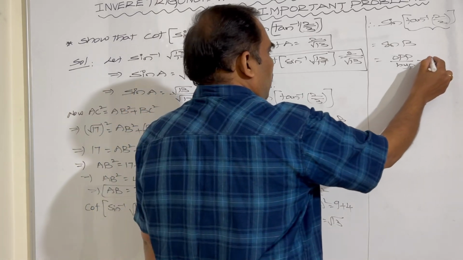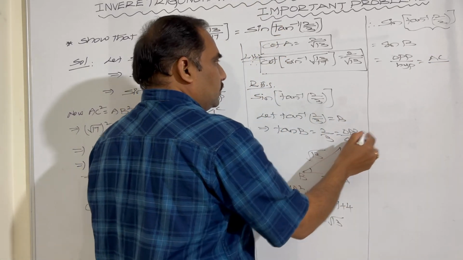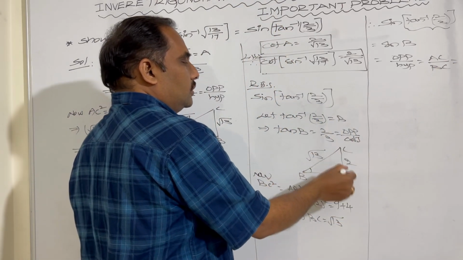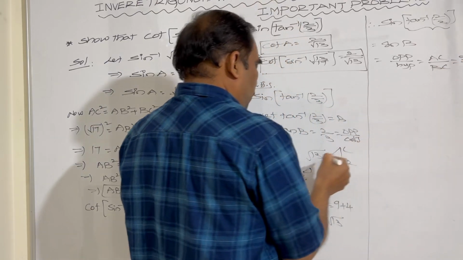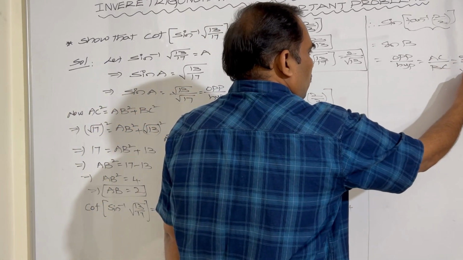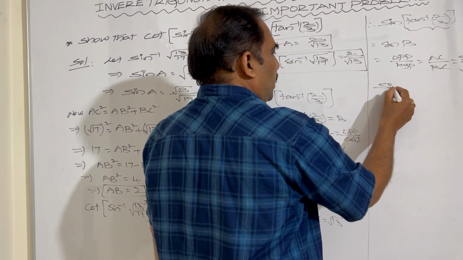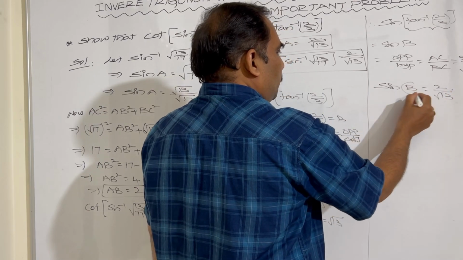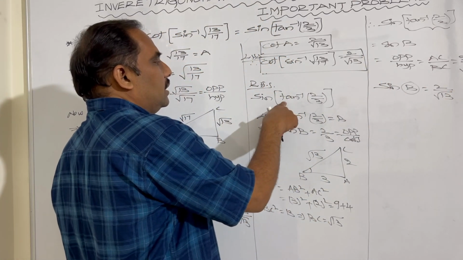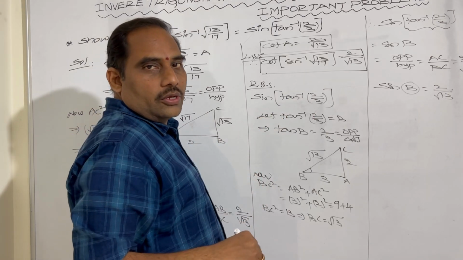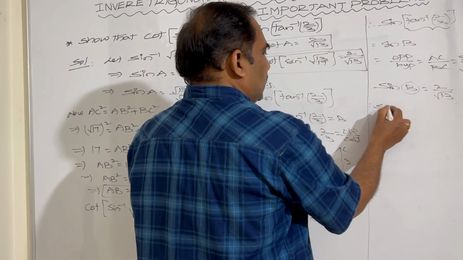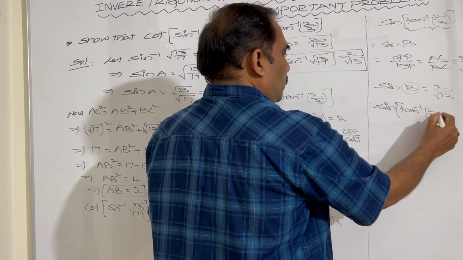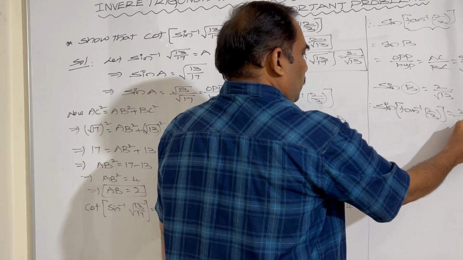The opposite is AC, that is 2, and the hypotenuse is BC, that is root 13. So finally sine B is equal to 2 by root 13. B is tan inverse of 2 by 3, so sine of tan inverse of 2 by 3 is equal to 2 by root 13.